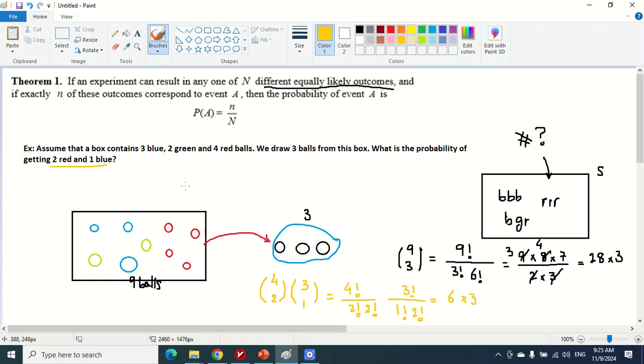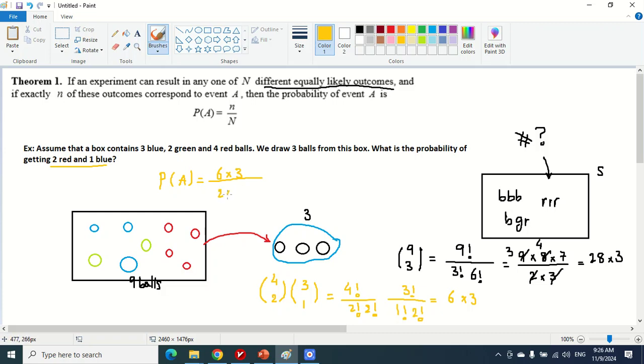So right now the probability of event A is equal to the favorable cases for that event, which is 6 times 3, over the number of the elements inside of the sample space, because they all have the same chance to occur; there is no difference between them.